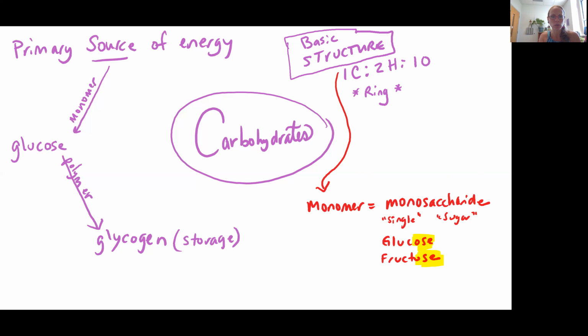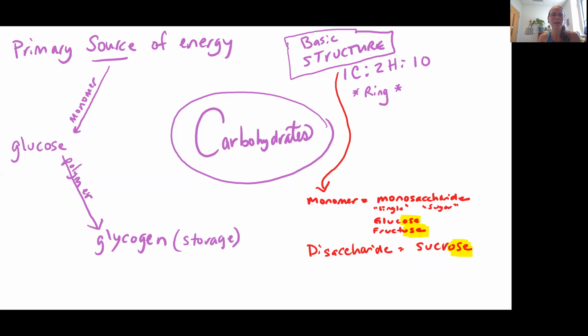When we eat that fructose, then our body will break it down into glucose or convert it to glucose for our cells to use. When you link together 2 of those monomers, you get what's called a disaccharide. So di means 2 sugars. And a good example of a disaccharide is sucrose. Sucrose is our table sugar, so we're very familiar with that one as well. Notice that glucose and fructose and sucrose all have the same ending.